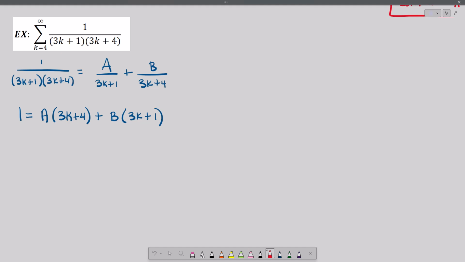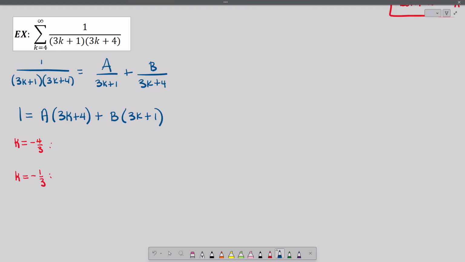You could set it equal to 0, subtract the 4, divide by 3, and you get negative 4/3. So this is our convenient value, k equals negative 4/3 for that first one. And what about the convenient value for the second one? Negative 1/3, exactly. So those are our two convenient values.